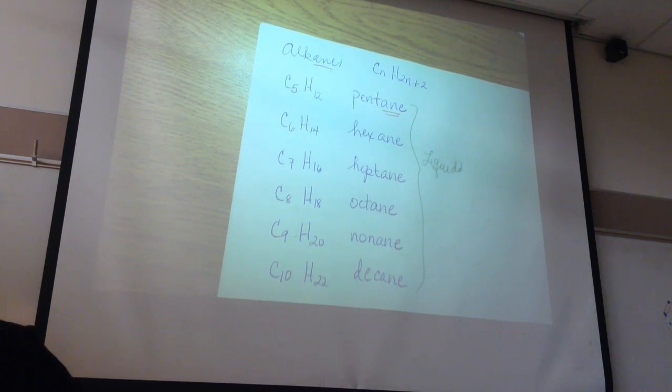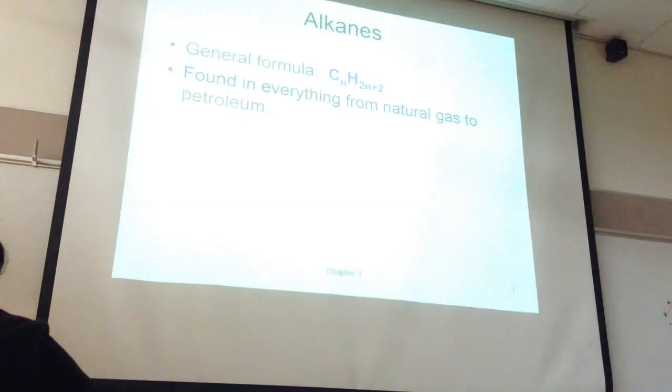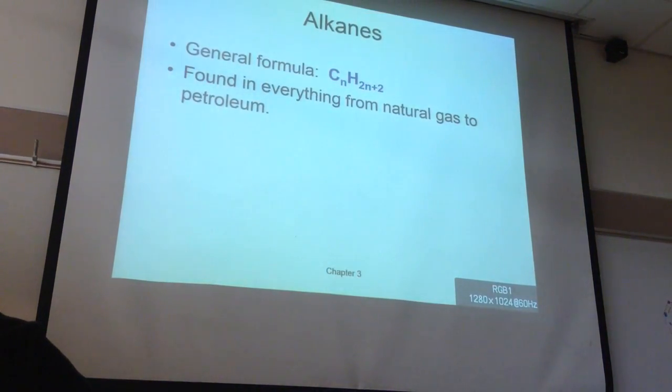Okay, for enjoyment only, we're going to go ahead and switch again. We see that all of these alkanes are actually found in petroleum. Petroleum comes as crude, and they start separating the crude, and from there we find all of these.